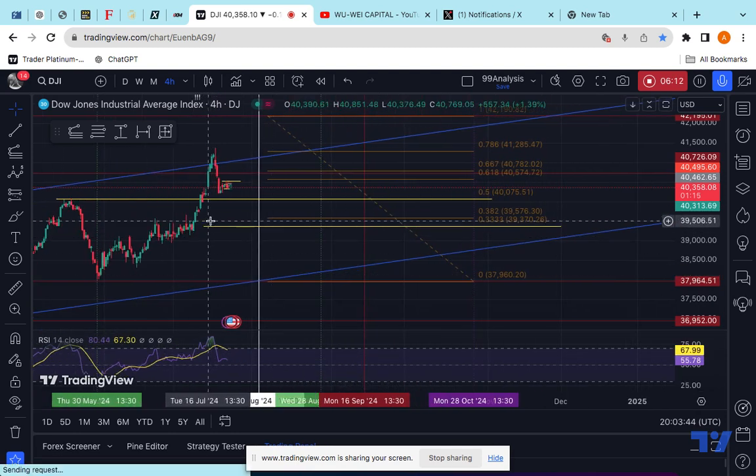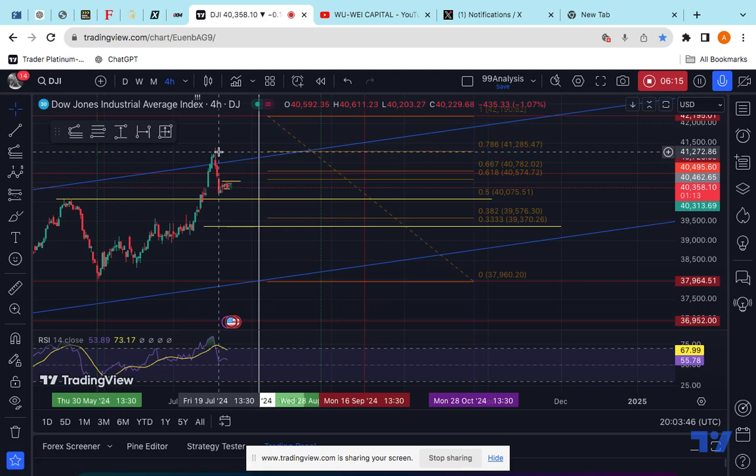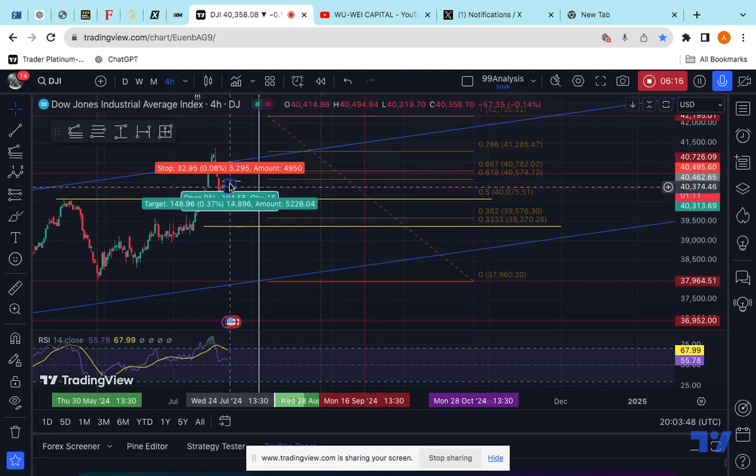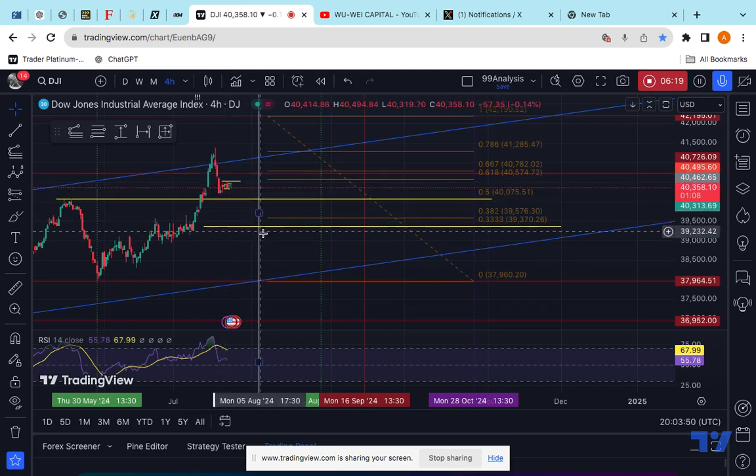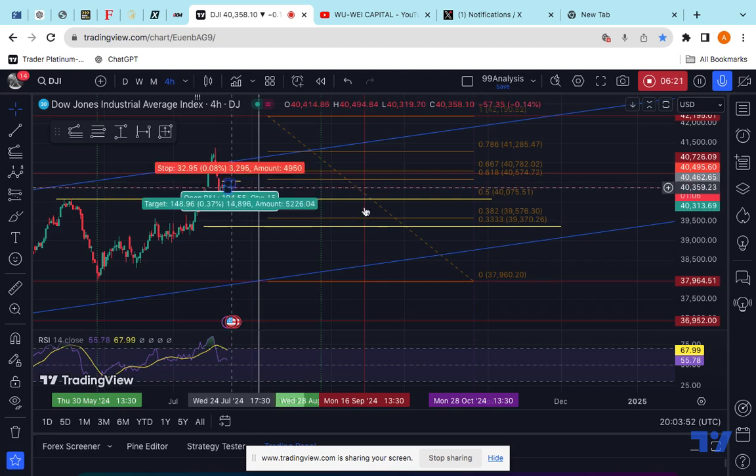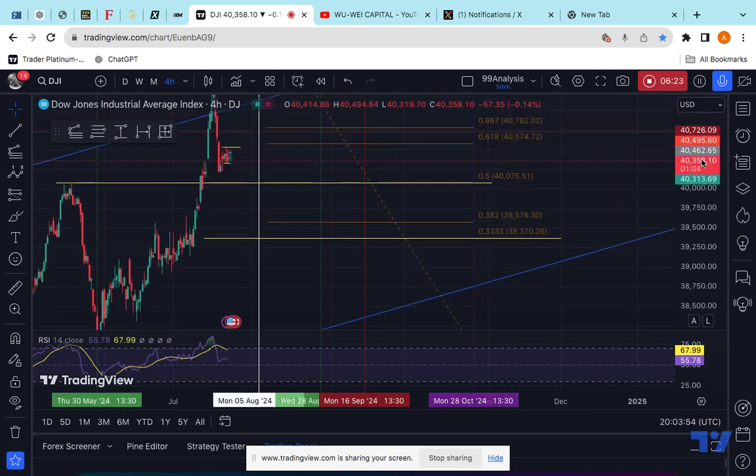So again, since we have established that this decline is not yet complete, let's confirm if this point is actually the point for the next decline to start from, or this retracement is over.